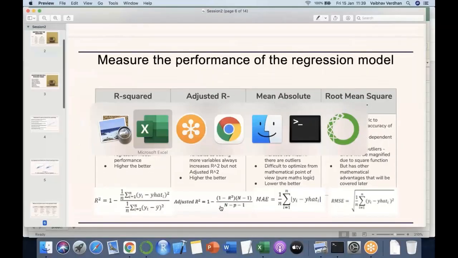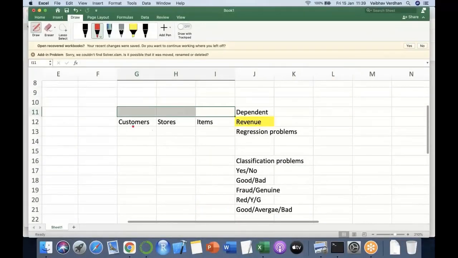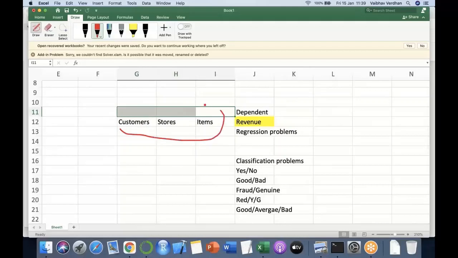Now what it means is that in this case, you have more than one independent variable. I mentioned linear regression, right?